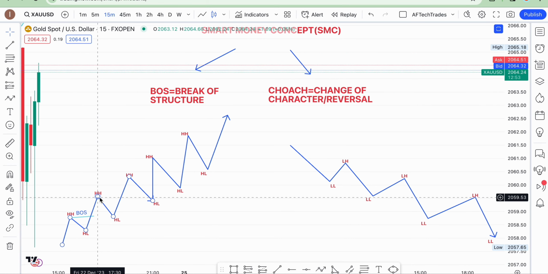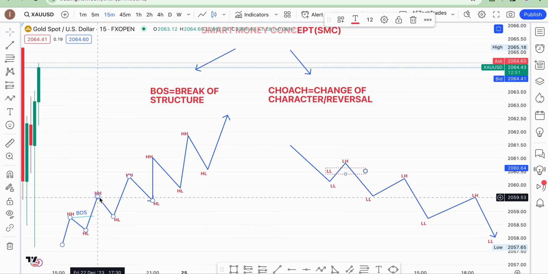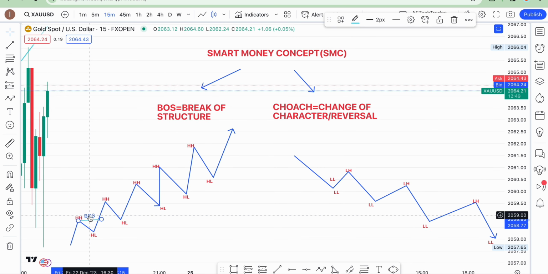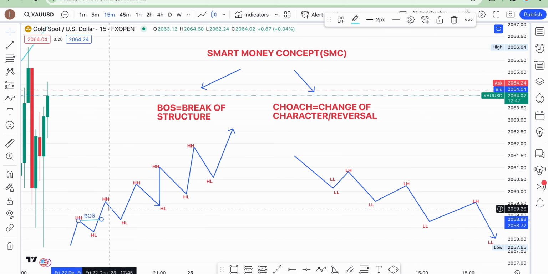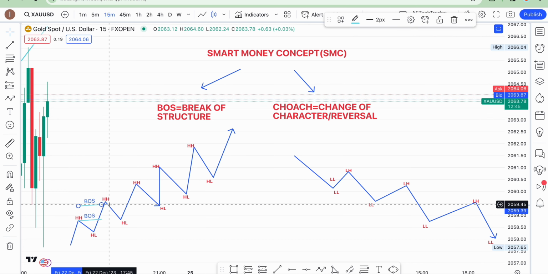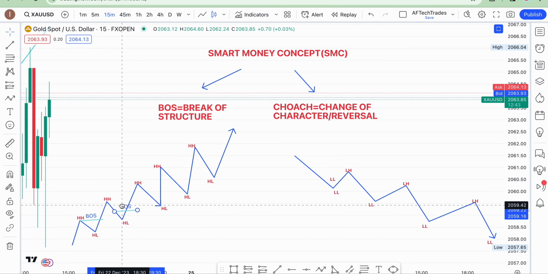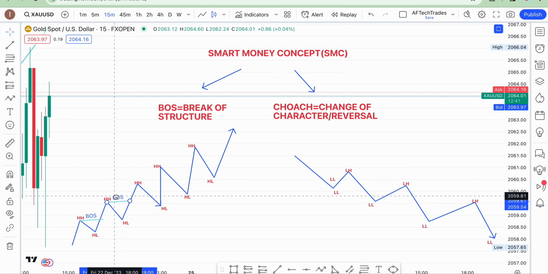Exactly this place. Let me just copy this and paste it. It makes us get another BOS right here.